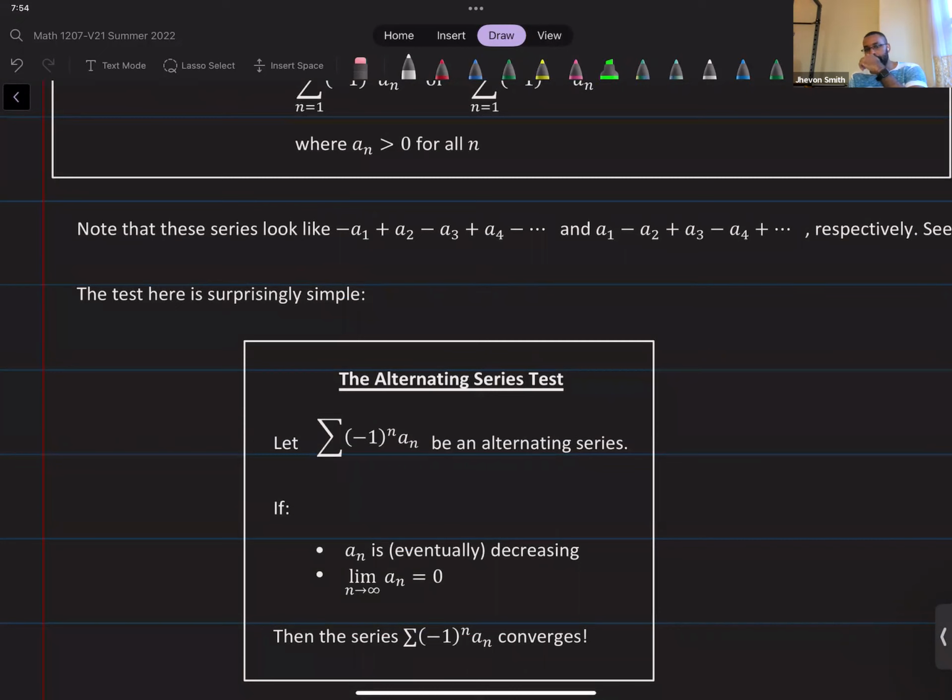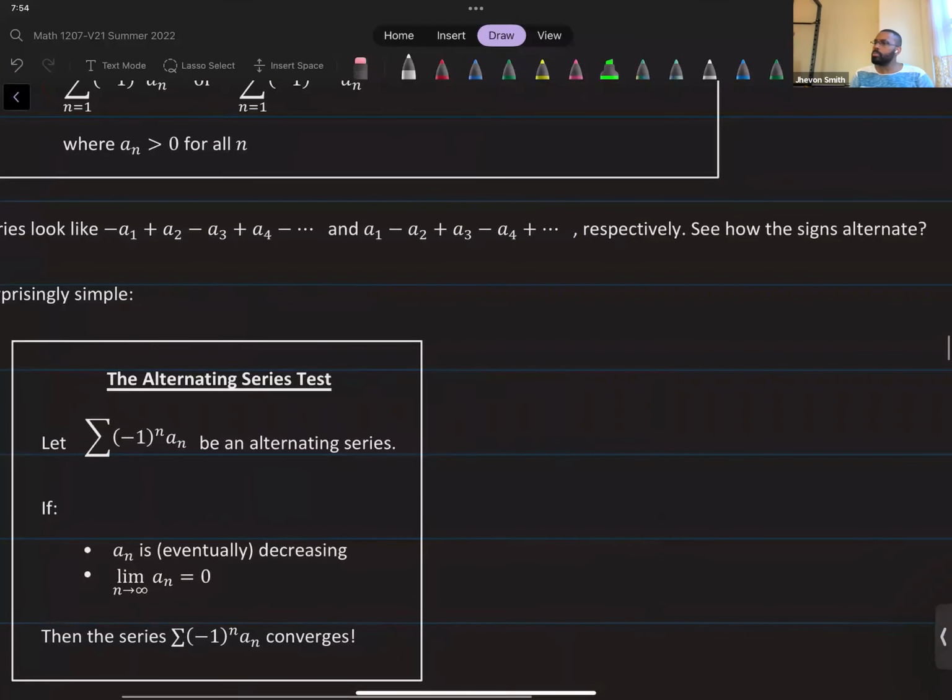The alternating series test: if these two conditions are fulfilled, then the series will converge. And I would make the comment, since I was making comments about absolute convergence, because there's a sign change, you can actually make things different by throwing absolute values around stuff.